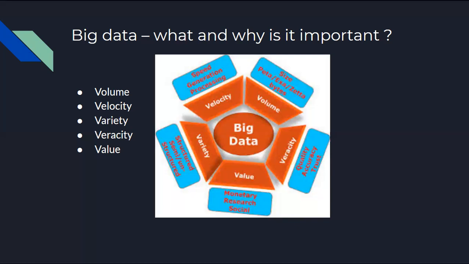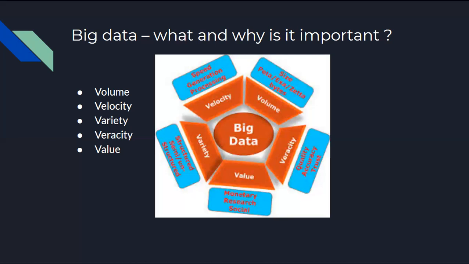Volume. Volume is one of the things. How much data is being processed? How much data needs to be processed? Is it petabyte-sized data, exabytes worth of data, or zettabytes worth of data? Earlier we spoke about cell phones, right?